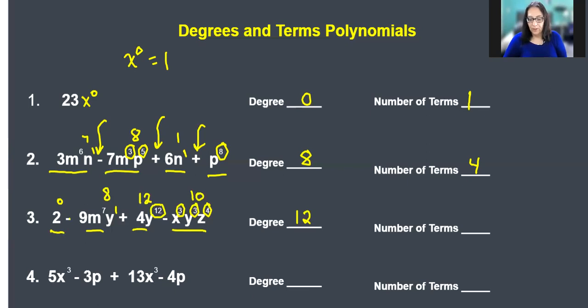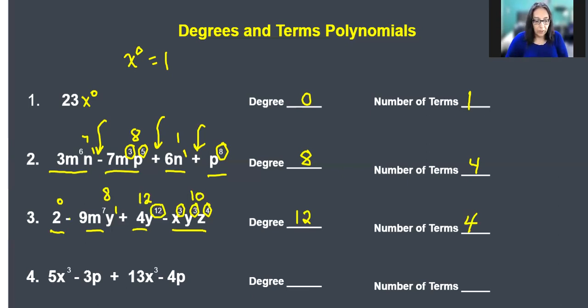4 terms. Now, this last one is going to be a little different. I haven't explained anything like this yet. If in the expression there are like terms, which means they've got the same letters with the same exponents, we've got to combine them before we decide what the degree and terms are of the polynomial.